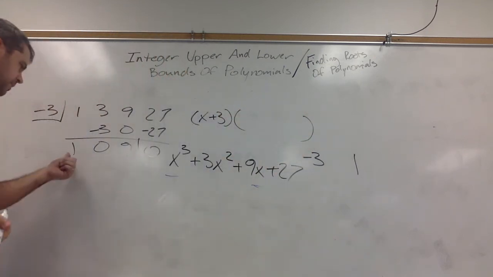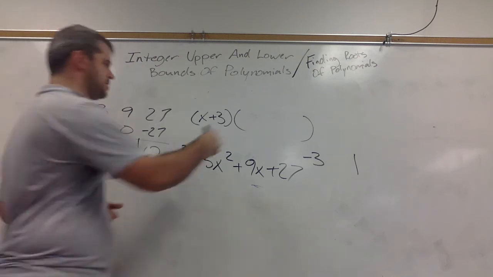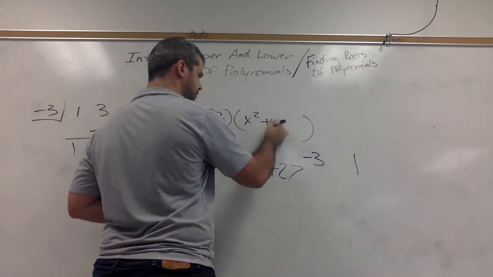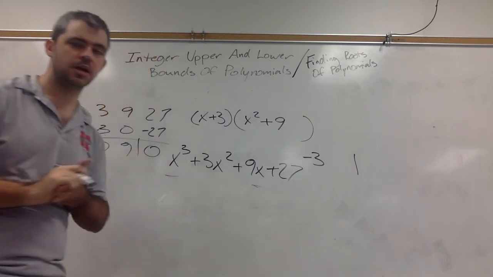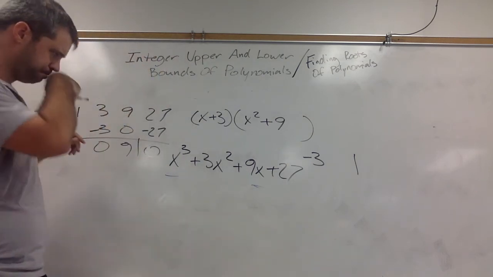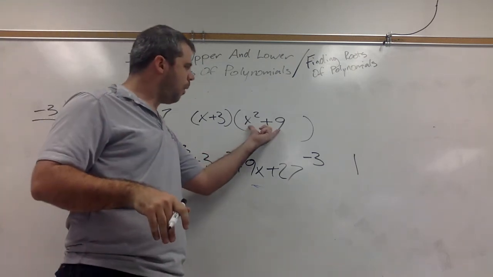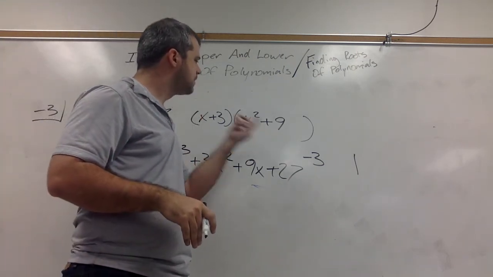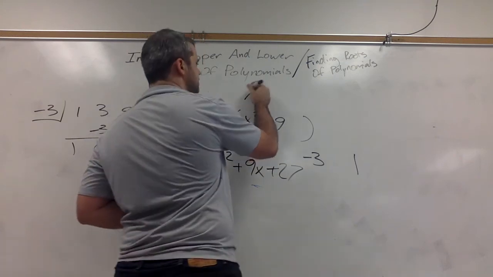Okay, so this is one of our solutions, one of our roots. Well, what's left over? Well, it's this right here. It's x squared plus 9. Well, I could look for more roots just by guessing and checking here, or I could say, okay, this is a quadratic. I should be able to solve this.